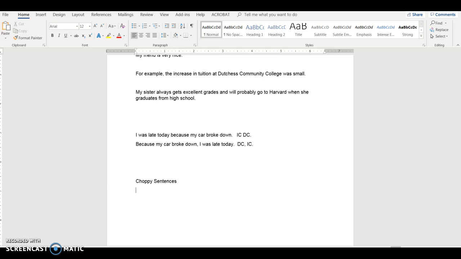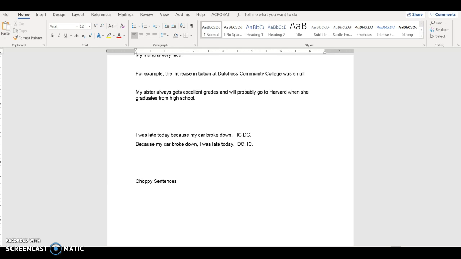You get choppy sentences when you have a series of short sentences, one after the other after the other. So if you use too many simple sentences in a row, your writing sounds choppy. Choppy sentences are easy to correct.